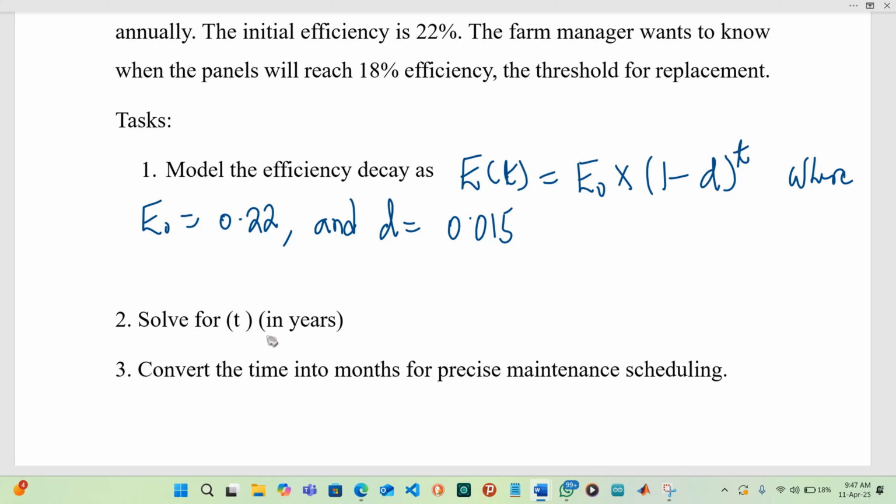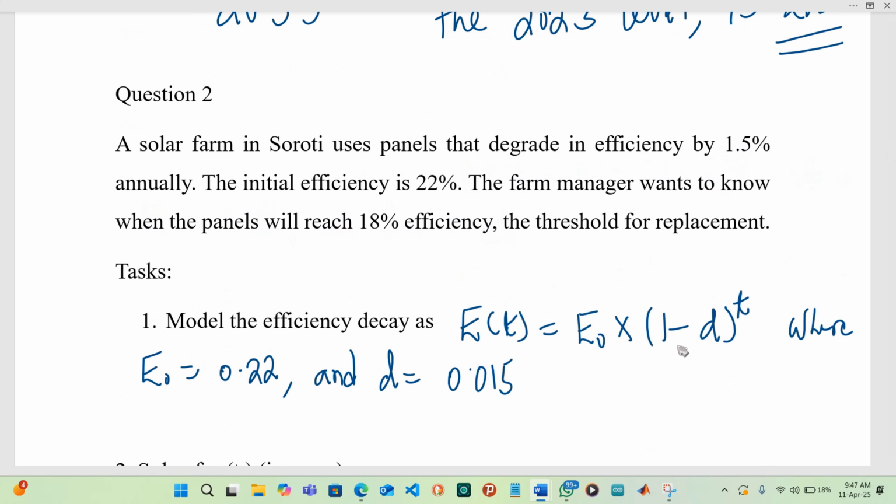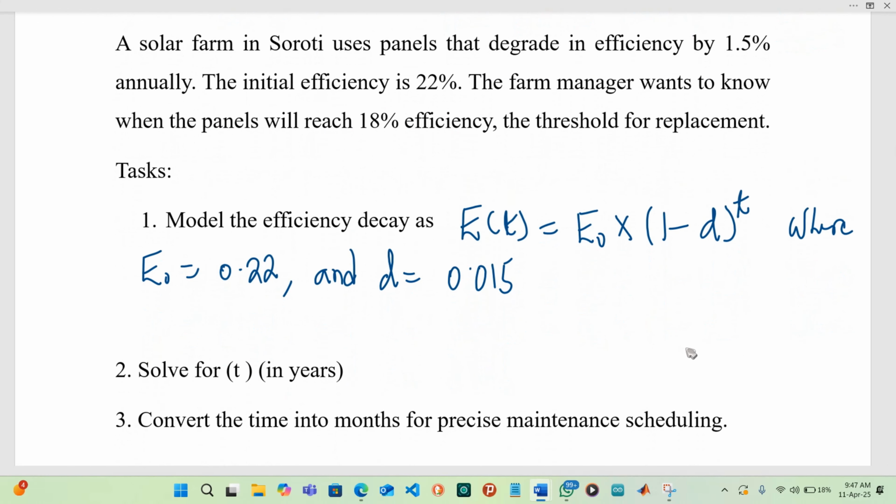Then task 3, convert time into months for precise maintenance scheduling. So let's look at this problem. Now, we are told to model the efficiency decay as E of t equals E naught times (1 minus d) power t, where E naught initially is 0.22 and d is 0.015.